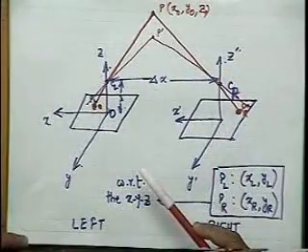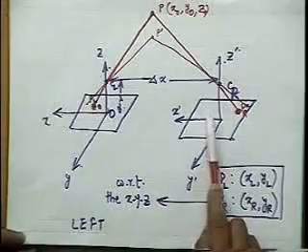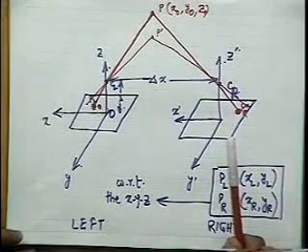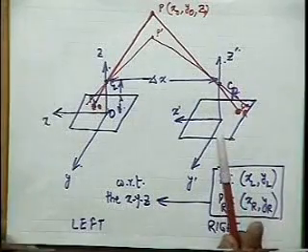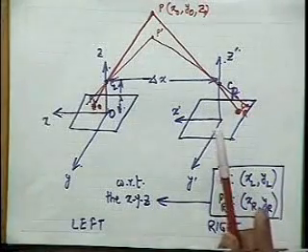Can anybody predict? Somebody has said that the straight line on which the corresponding point PR must lie will be a straight line parallel to the x-axis. Let us see whether that prediction is correct or not.